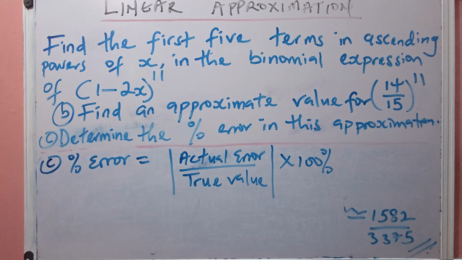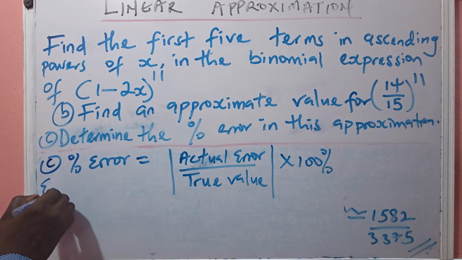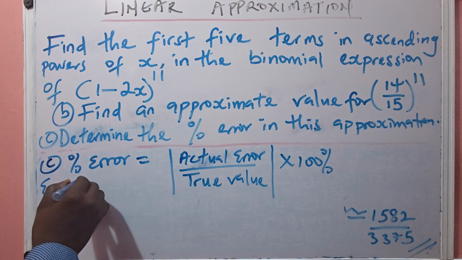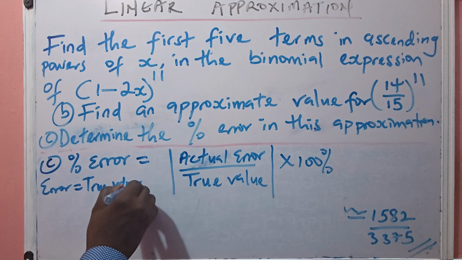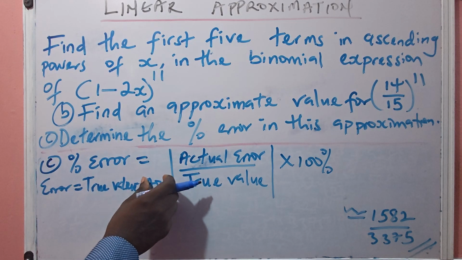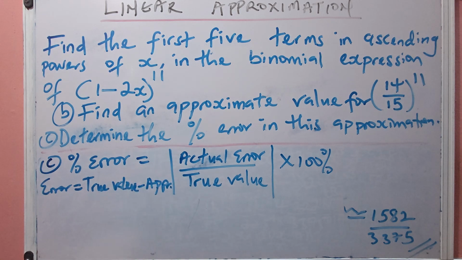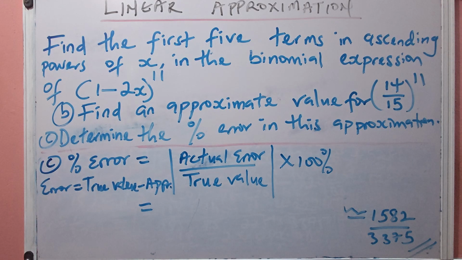So now, of course, I'm sure you recognize that the error, the actual error, which is the same thing as the error, we can say it's the true value minus the approximate value. We did this in the previous question. So now what we want to do is to go on to bring in our values.